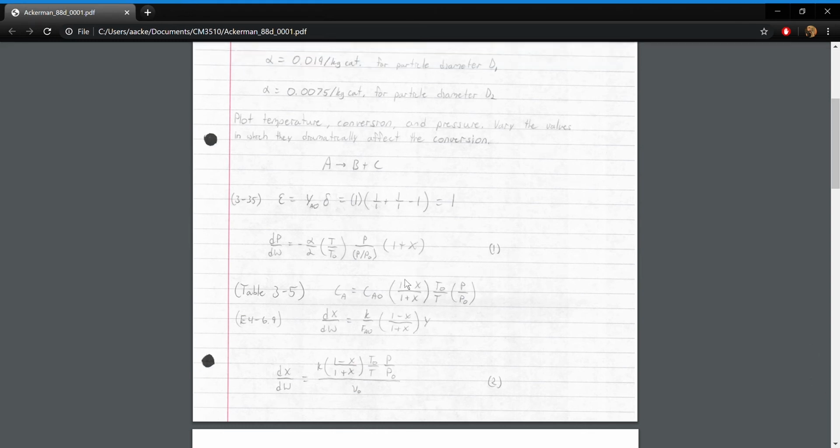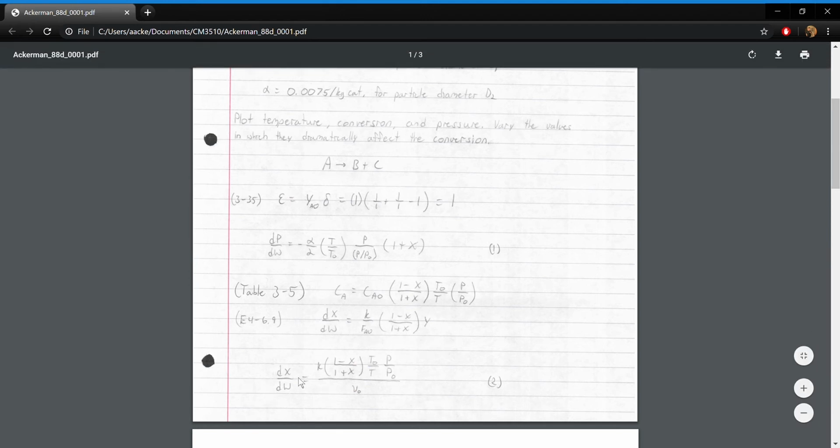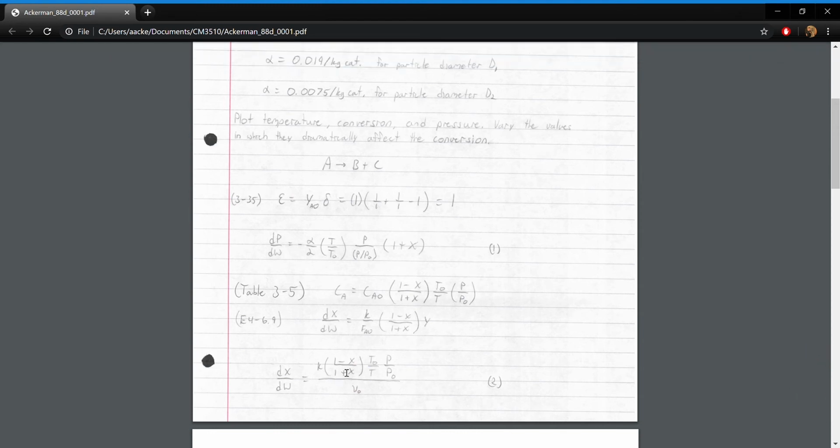Next, from table 3-5, we're going to take this equation here, and then from E4-6.9, we have this equation here, and we're going to sub this equation into this one in order to obtain this equation 2 here, where X is the conversion, W is the weight of the catalyst, K is the rate constant, T is temperature, P is pressure, and V is the velocity.